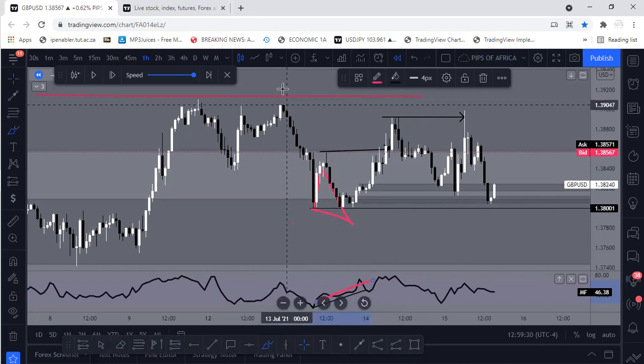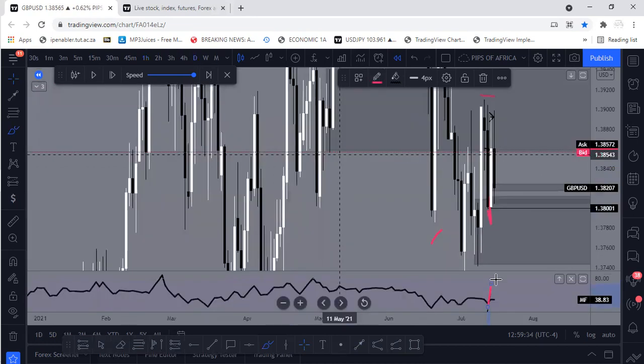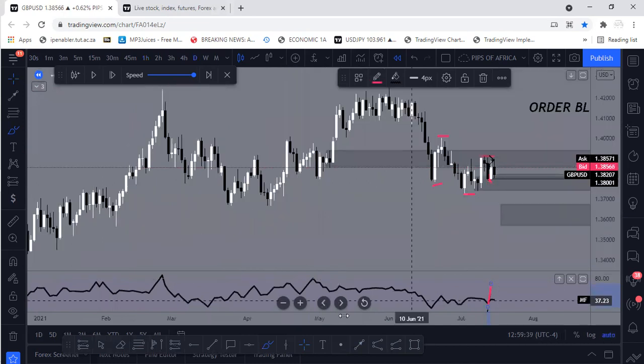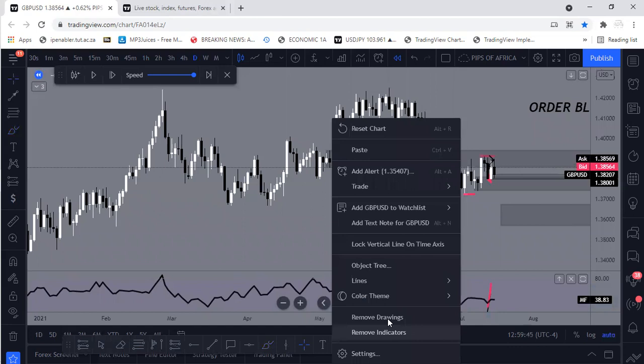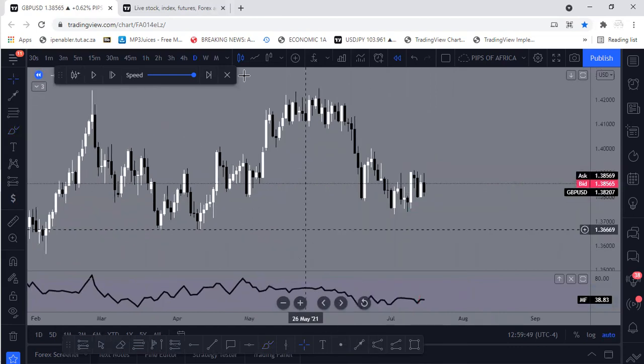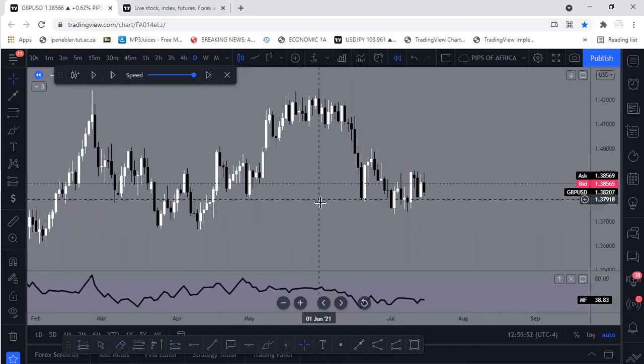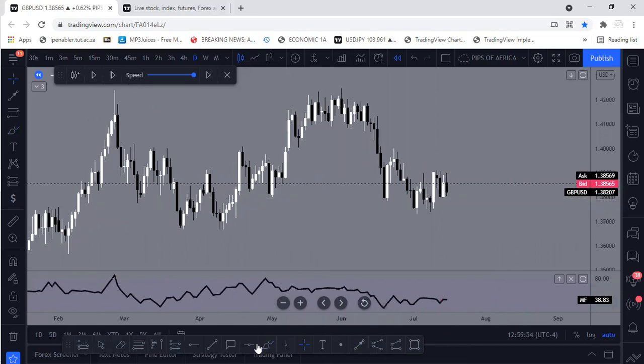So let me go back to the daily time frame. So this is the daily time frame. Let's take a look. Already there's a divergence. We need to mark the divergence that is occurring.